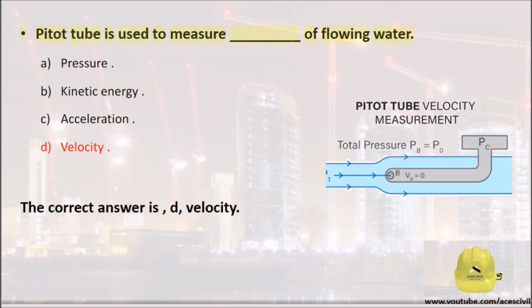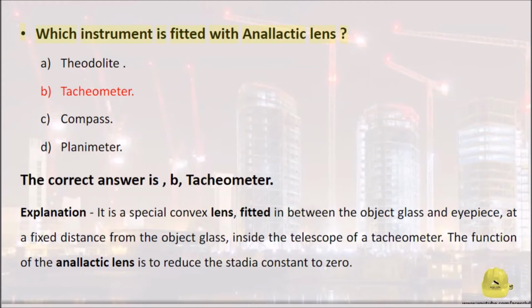Pitot tube is used to measure what of flowing water: A. Pressure, B. Kinetic energy, C. Acceleration, D. Velocity. The correct answer is D. Velocity. Which instrument is fitted with an anallactic lens?